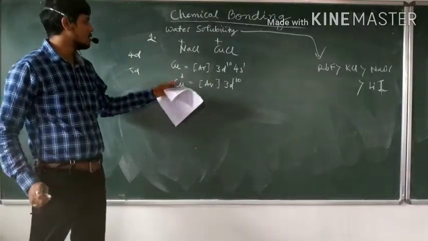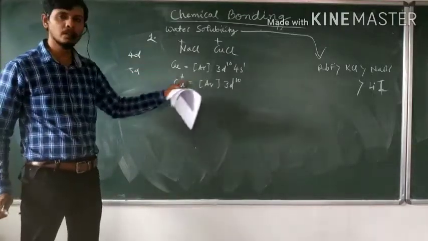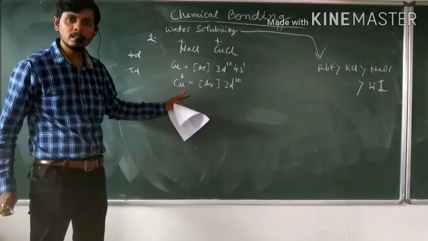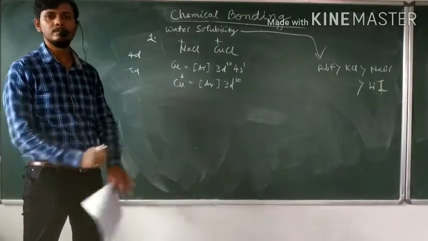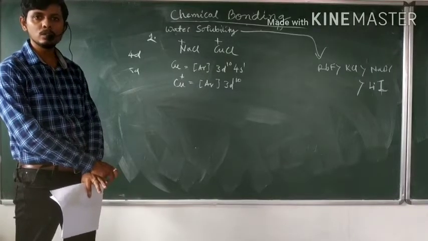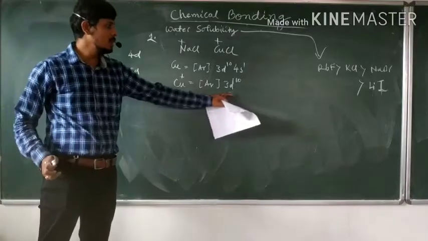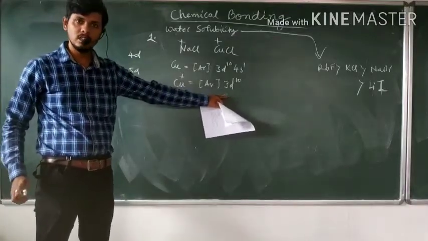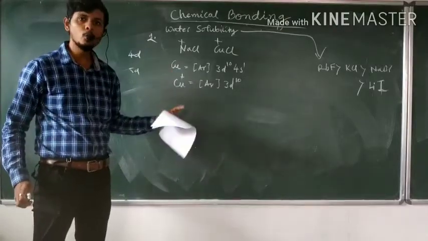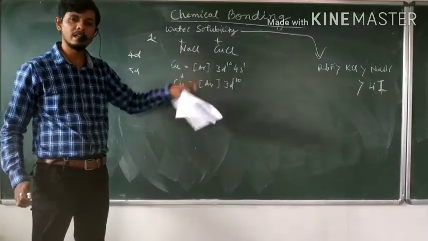So if for the 3d series I have 3d10, for the 4d series 4d10, for the 5d series 5d10, such cations will have higher polarizing power. Those transition metal cations which have fully filled d orbitals in their respective period are more polarizing than the normal alkali and alkaline earth metal cations.